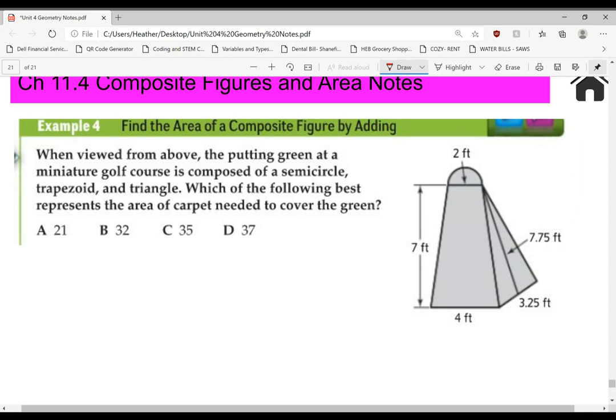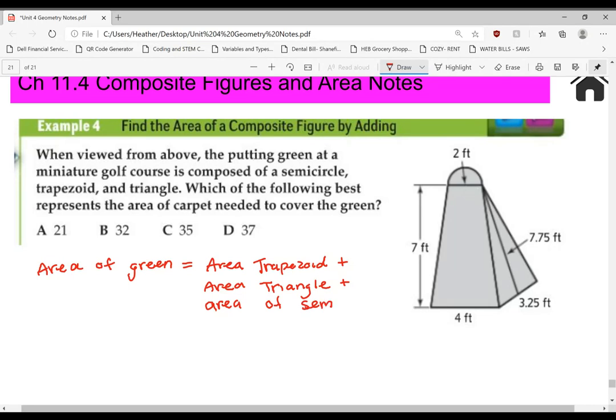So first, we need to remember what the area of each of these are. The area of green is going to be equal to the area of a trapezoid plus the area of a triangle plus the area of a semicircle.